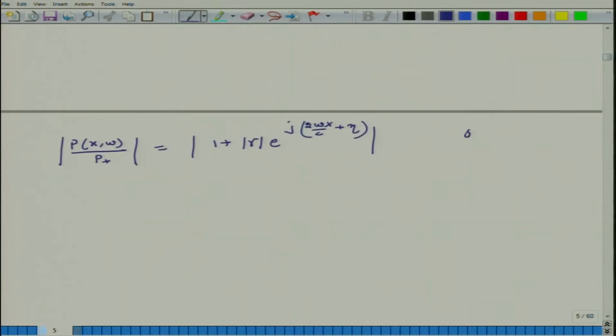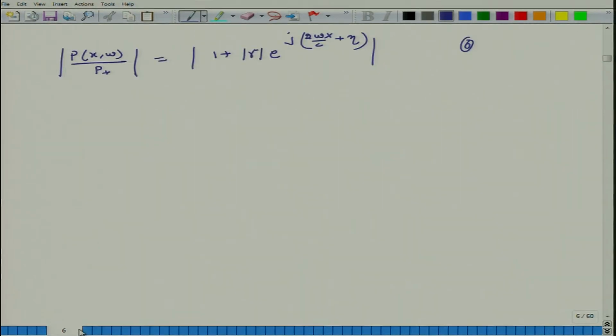We had labeled this as equation number 6. Now, what we will do is depict this graphically, the left side and the right side of this equation, in graphical format.